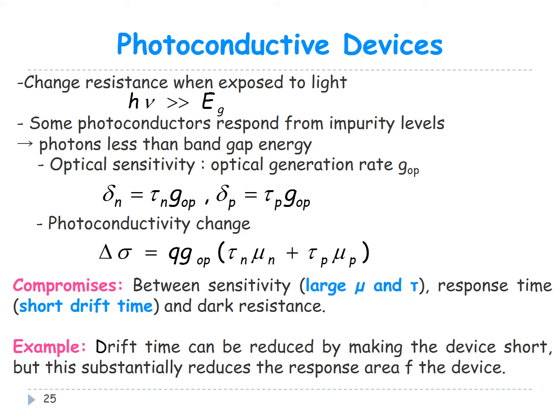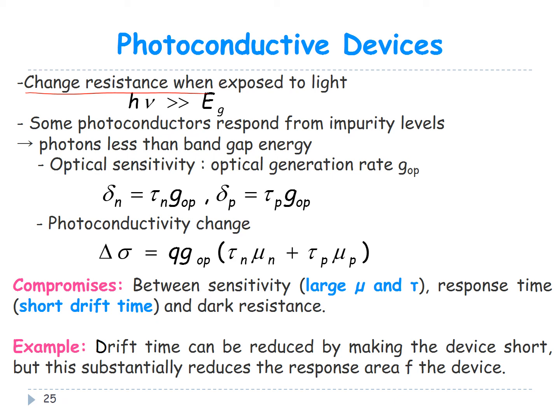So we said that in the presence of excess carriers, the conductivity increases, and this increase in conductivity is called photoconductivity. In other words, we get a change in resistance when the sample is exposed to light. So the resistance actually decreases.